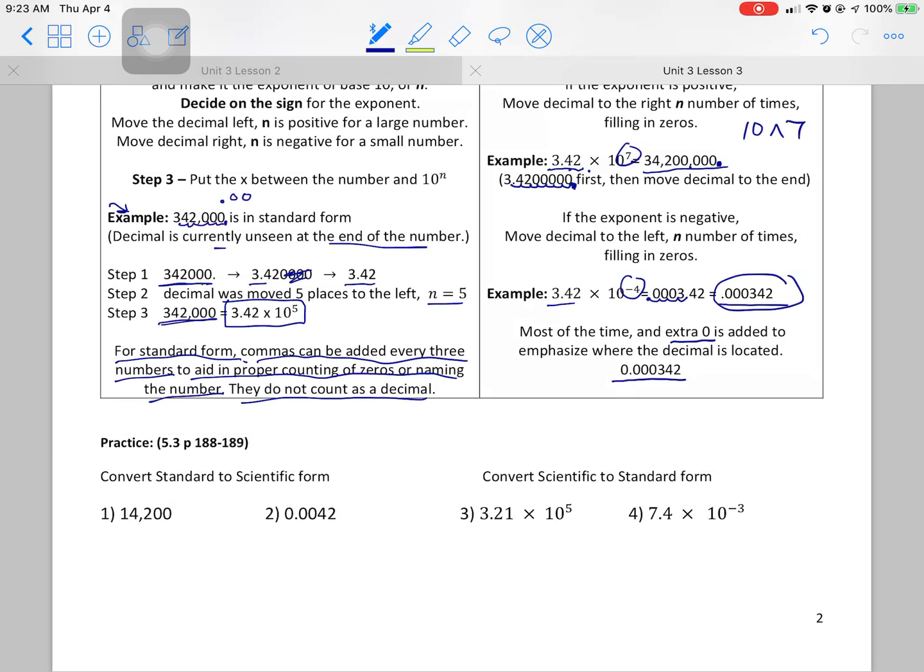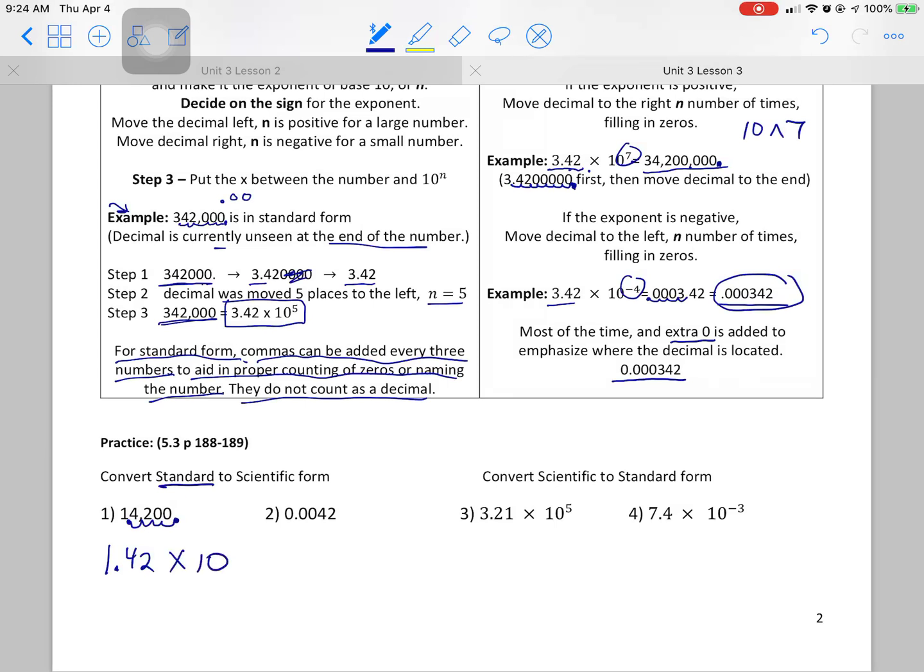Okay, so this is in standard form right now, so the decimal's here. 1, 2, 3, 4. Move it to 1.42. Keep all the digits that aren't 0. Get rid of the extras, and then how many did I count?